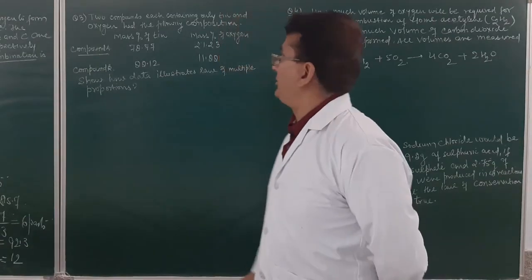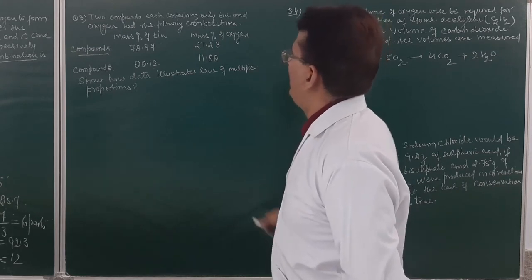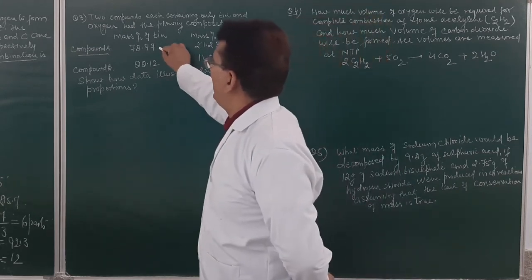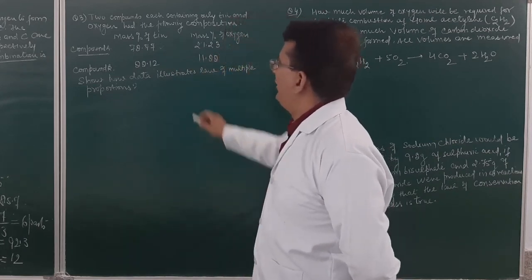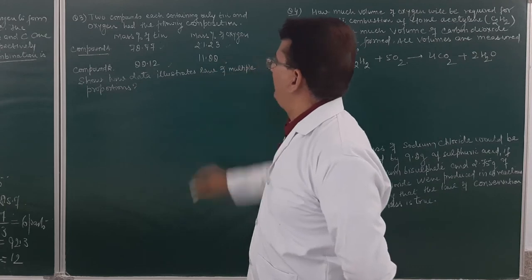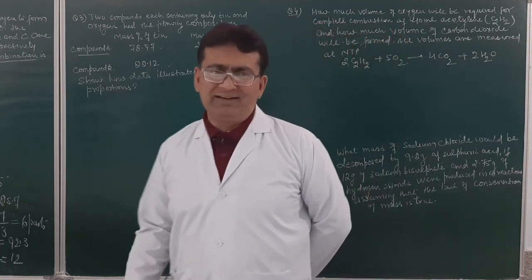Now, look at question number 3. 2 compounds each containing tin and oxygen had the following composition. Here the percentage of tin is given and the mass of oxygen is given. Show that the law of multiple proportion is illustrated by this.